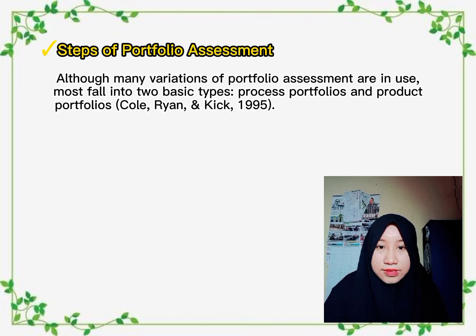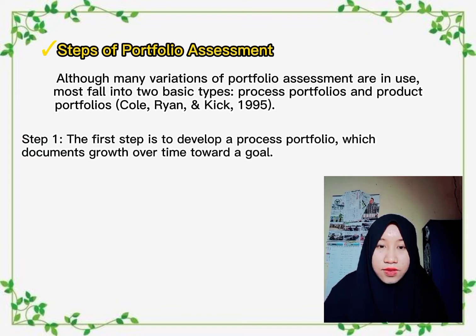The first step is to develop a process portfolio, which documents growth over time toward a goal. Documentation includes statements of the end goals, criteria, and plan for the future. This should include baseline information or items describing the participant performance or mastery level at the beginning of the program.